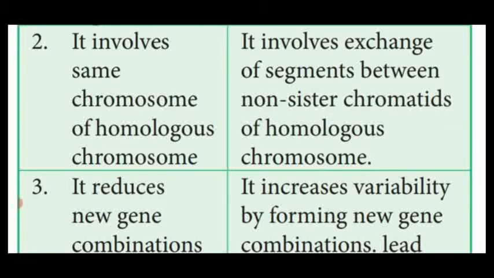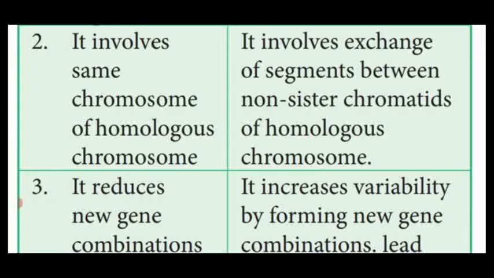Non-sister chromatids. That means 2 sets of chromosomes are there, a pair of chromosomes. One acts as the sister, the other one is the non-sister. Between these 2 non-sister chromatids of homologous chromosomes, the segments exchange their characteristic features.